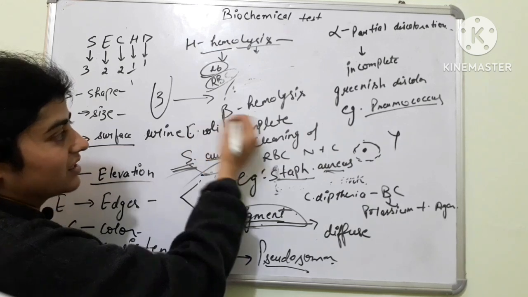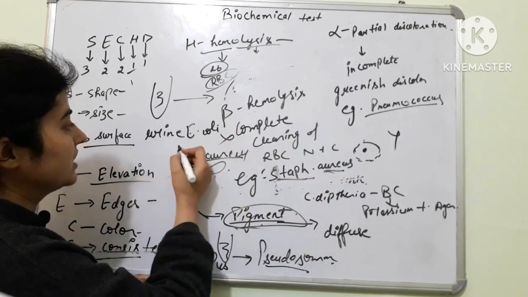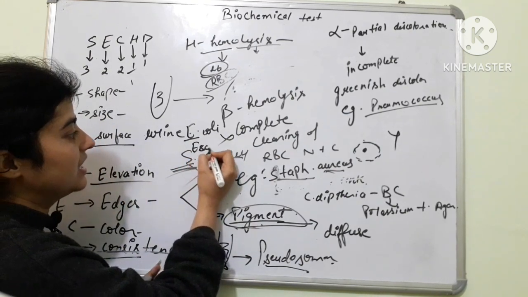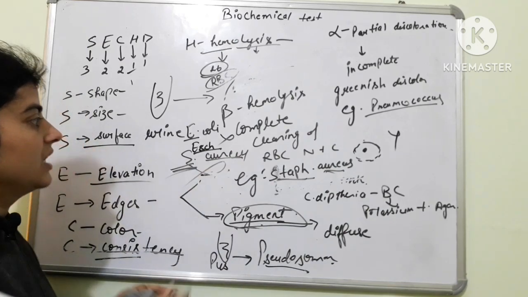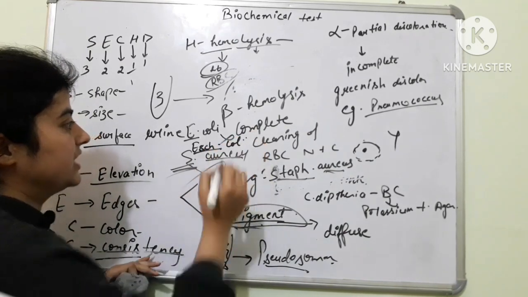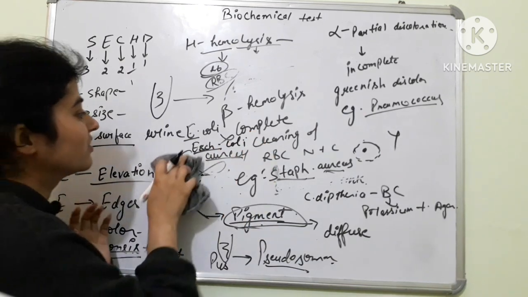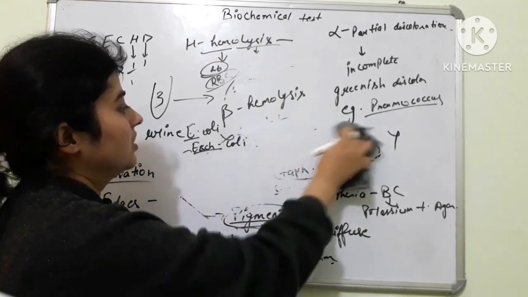This is also incorrect. Write it as Escherichia coli. This is the correct one.